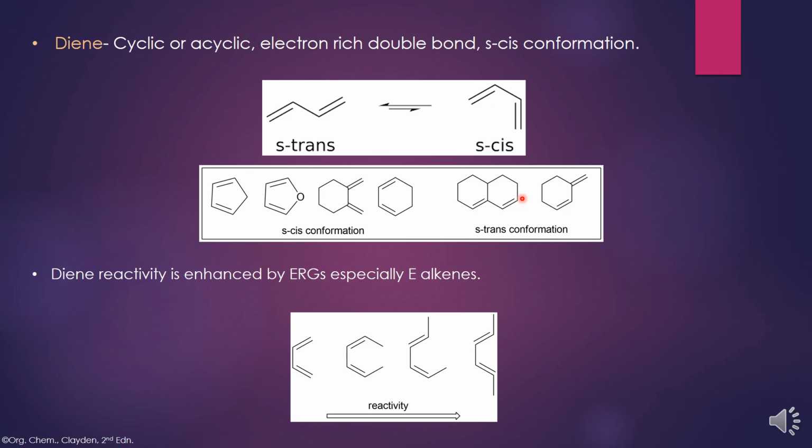So these two reactants cannot take part in the Diels-Alder reaction. But when it comes to butadiene, even though its most stable structure is S-trans, for the Diels-Alder reaction it can be transformed into the S-cis conformation with a low energy barrier.